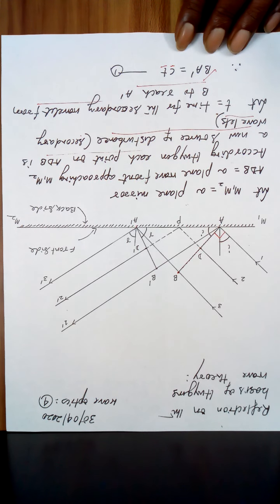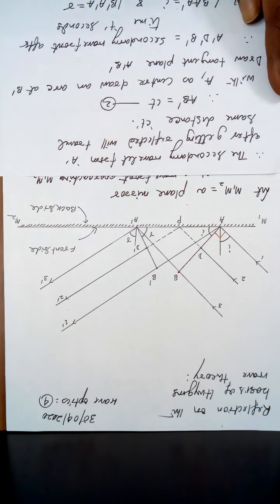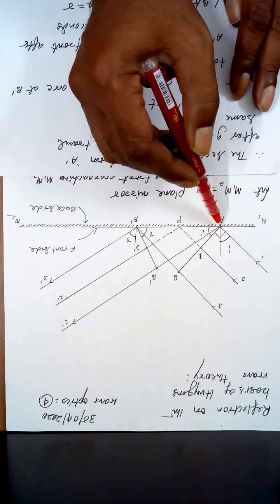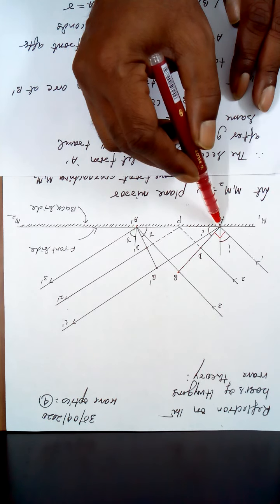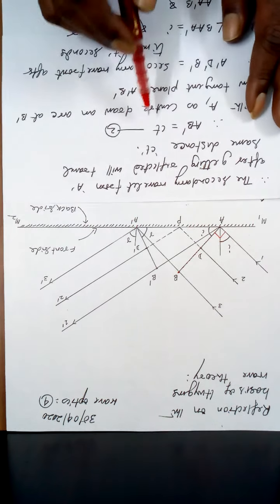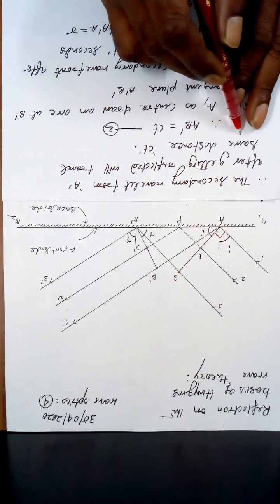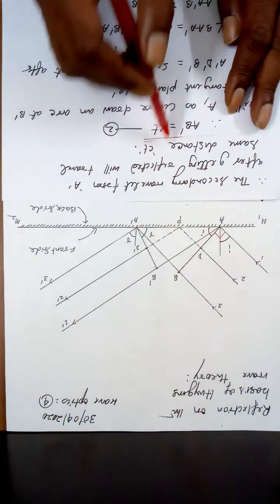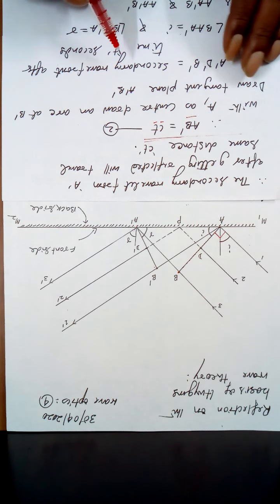Now, the secondary wavelet from A, this is also again a source of disturbance on this wavefront, after getting reflected, will travel the same distance. Means AB dash is equal to velocity of light into time.